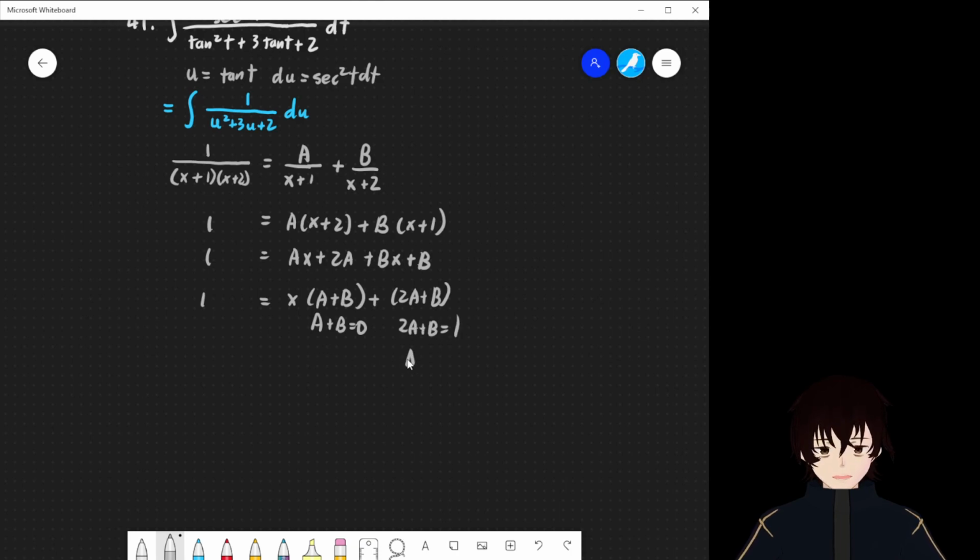That drives us to the natural conclusion that a is equal to 1 and b is equal to -1.